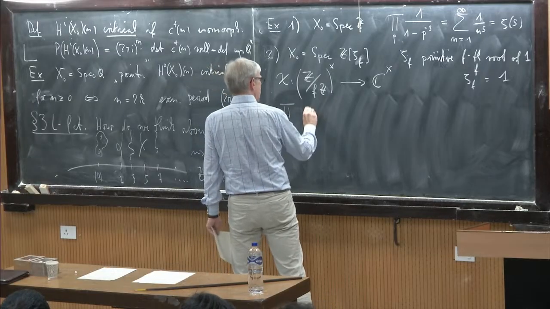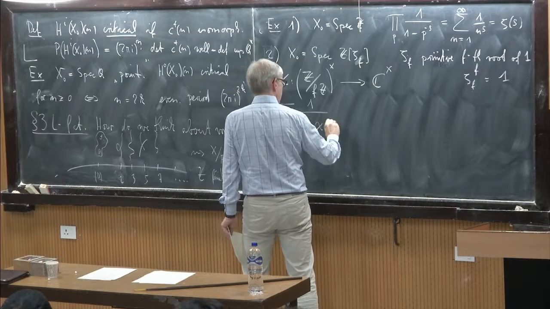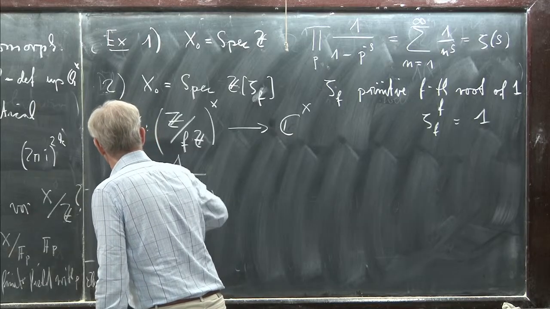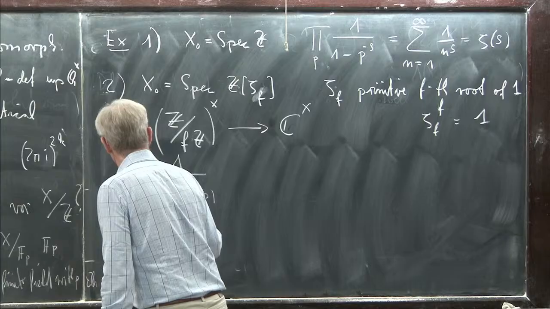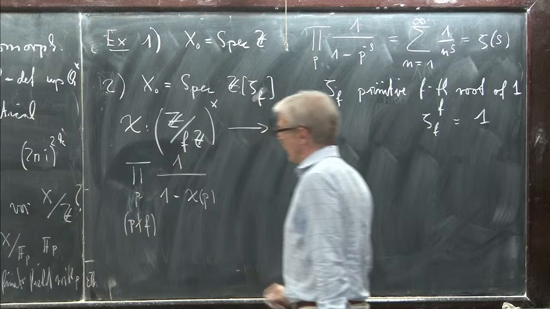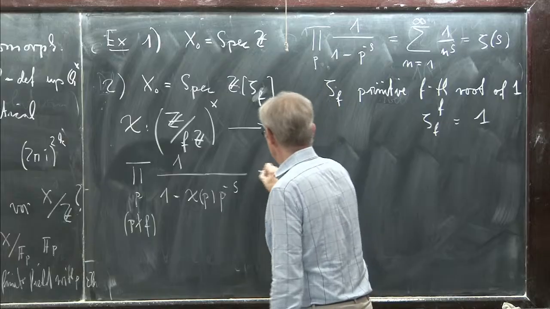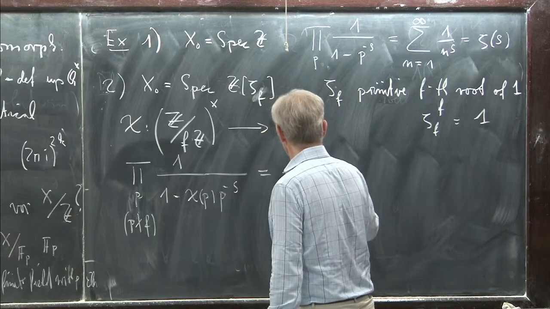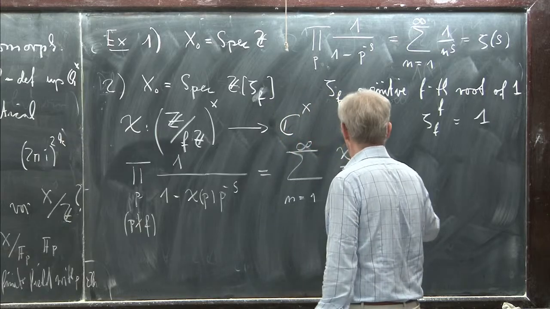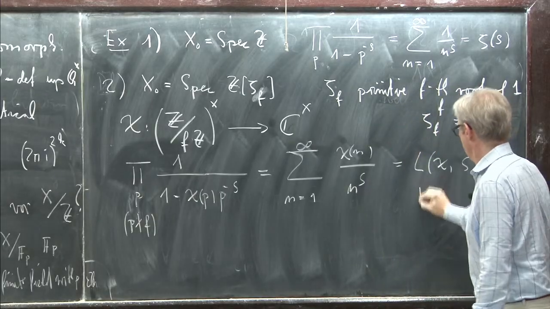We take the product over p of 1 over 1 minus chi of p times p to the minus s. We avoid the primes which divide f, so it's over all p except those. And this can also be developed into a series, and you get the sum of chi of n divided by n to the s. That's usually called a Dirichlet series.